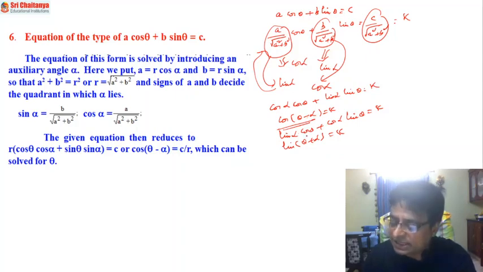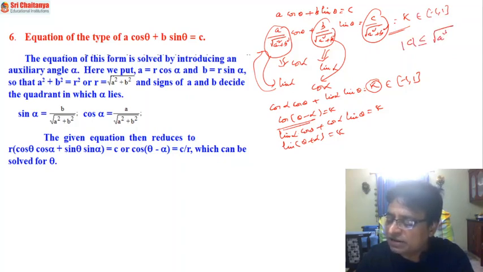And since it is a sin or cos function, the constant value on the RHS always lies in the closed interval minus 1 comma 1. That means k lying in the closed interval minus 1 comma 1 is possible only when the modulus of c is always less than or equal to root of a square plus b square. This is important.